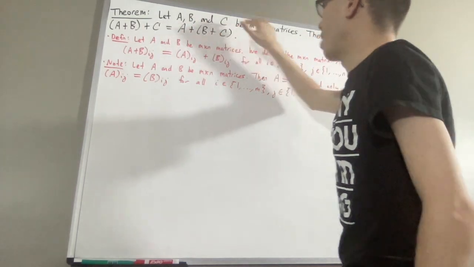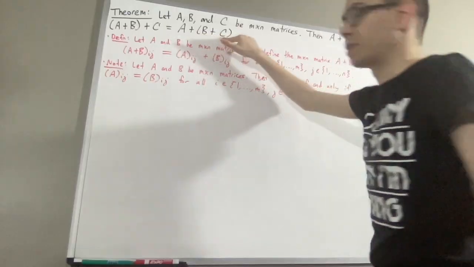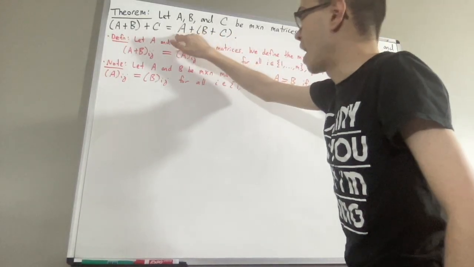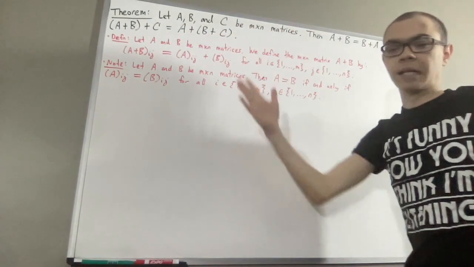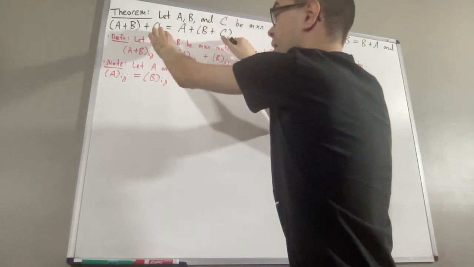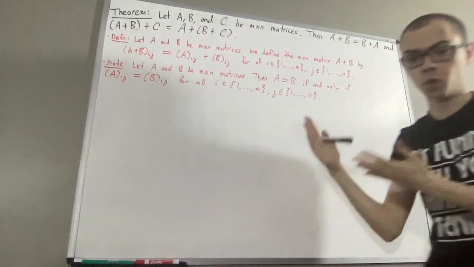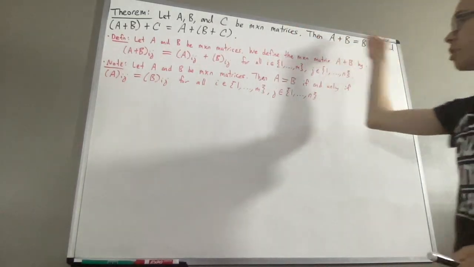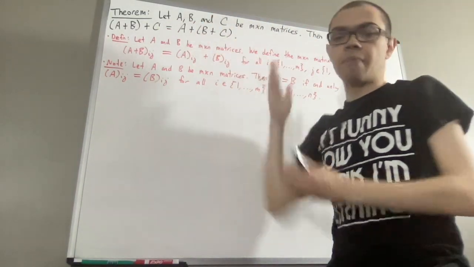Since B and C are m by n matrices, their sum, B plus C, is an m by n matrix. Therefore, the sum, A plus B plus C, is an m by n matrix. So both the left-hand and right-hand side are m by n matrices, so they could be equal to each other. So, yeah, these two equalities make sense.